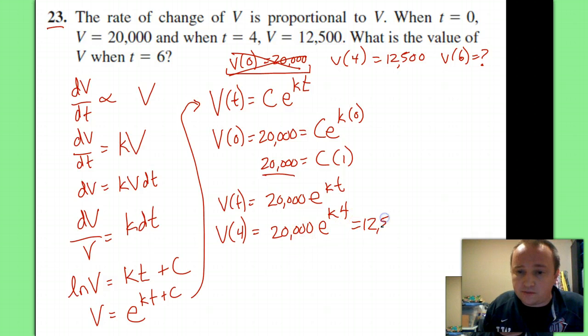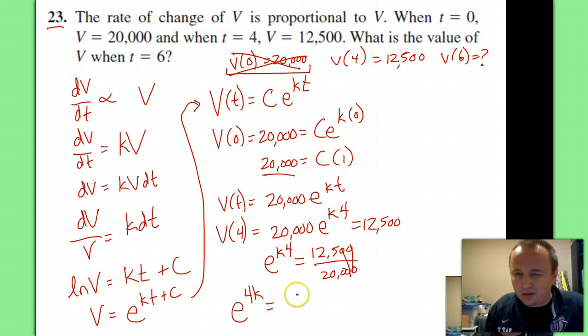And that equals 12,500. I now have a harder problem because I now have e to the 4k equals 12,500 over 20,000, right? 125 over 200, so I have e to the 4k equals, let me simplify, so I have 5 out, so I get 25 over 40, which is 5/8.